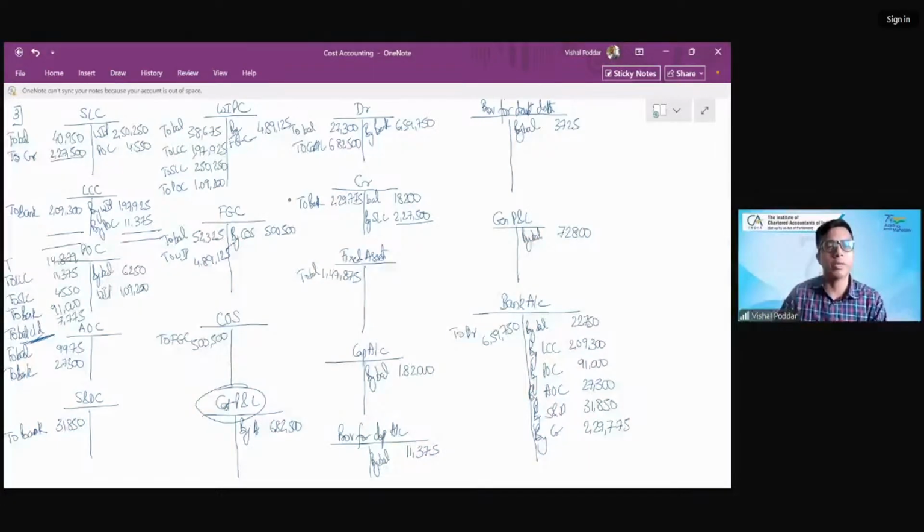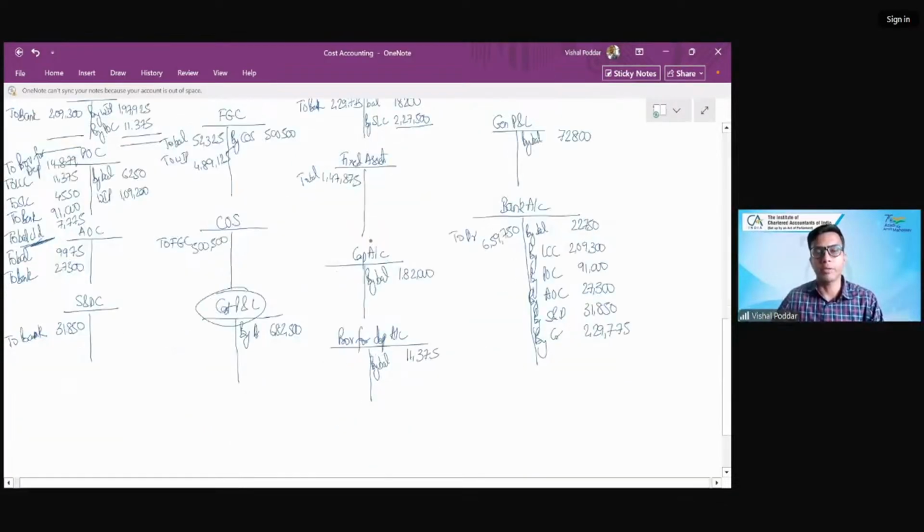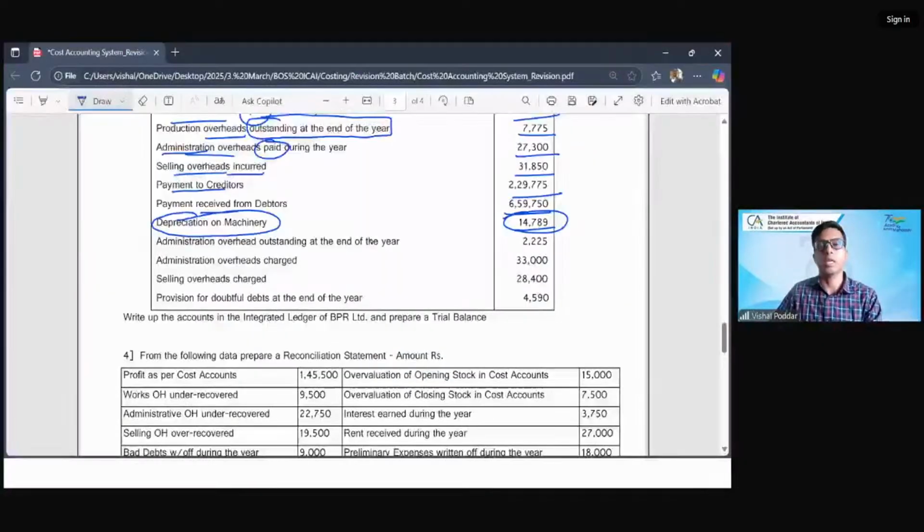The second effect is the depreciation account, which is here, provision for depreciation. So 14,789 will be routed through provision for depreciation. Correct? You will not post it in fixed asset. Had you not created a provision account, then only it would have gone through fixed asset. Otherwise, it is going through provision.